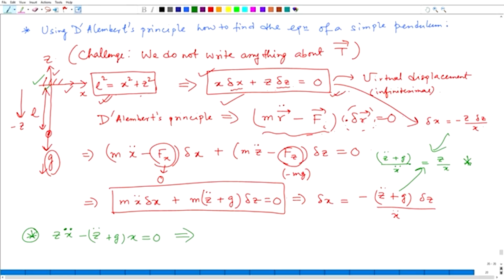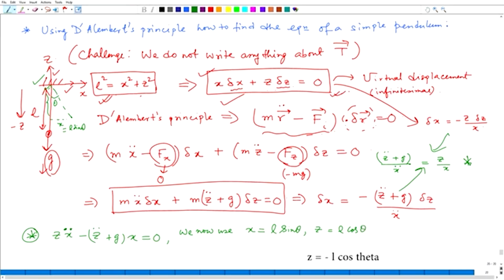So, of course, you know that we now use x is equal to L sin theta, and z will be L cos theta.